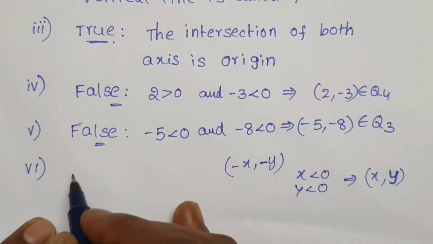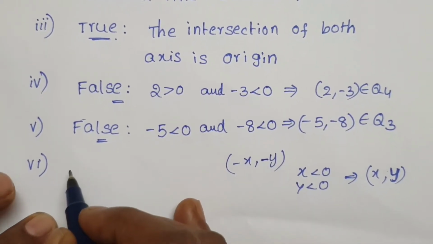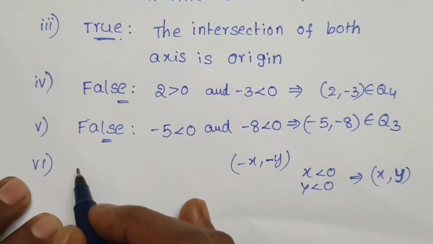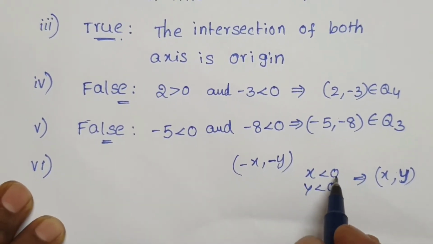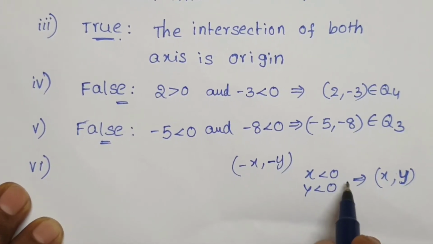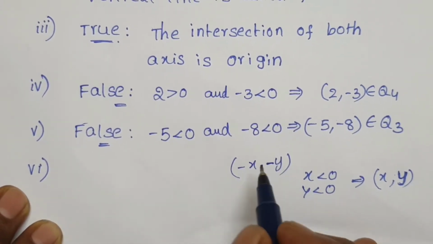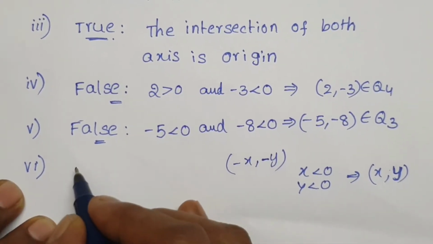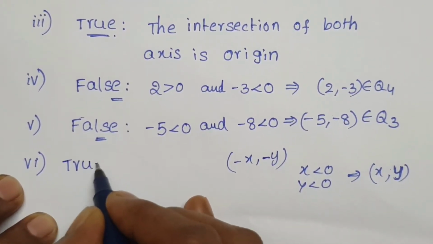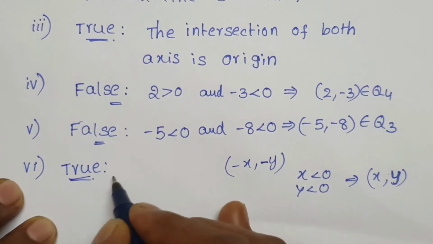In that both are positive, which quadrant? Q1. Means if it is true, they given (-x, -y) lies in the first quadrant where x less than 0, y less than 0. Based on these conditions, apply that given point. So we get both are positive. Means finally it is true. Why?